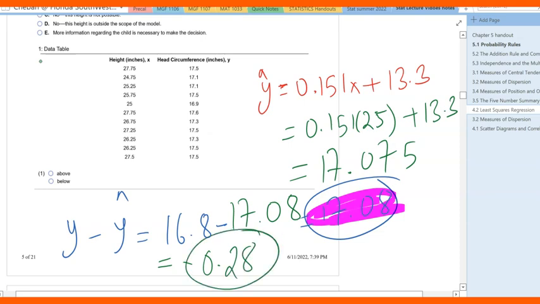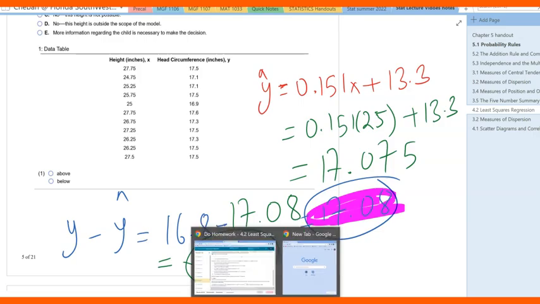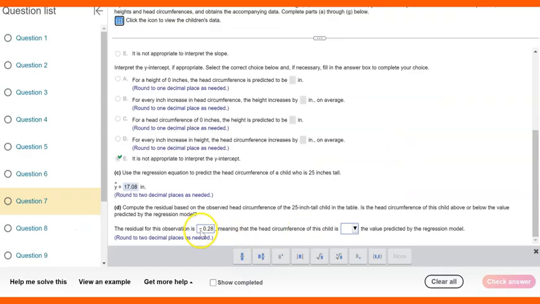That's the residual. Okay, in the homework you type negative 0.28 for the residual for x equals 25, meaning that the head circumference of the child is below the value predicted by the regression model. Remember that this is a negative number, residual negative. That means this is below what is predicted by the regression model.